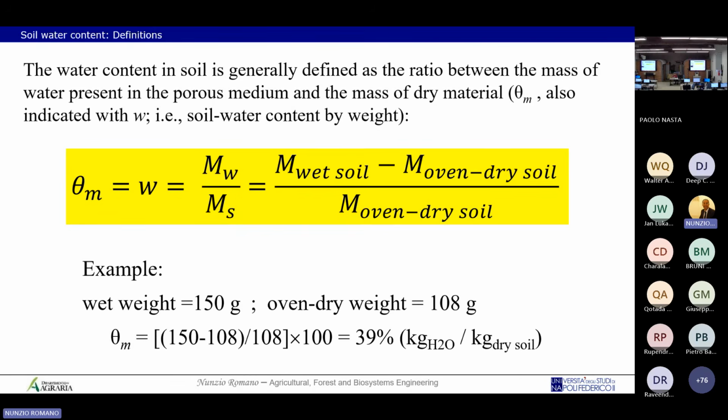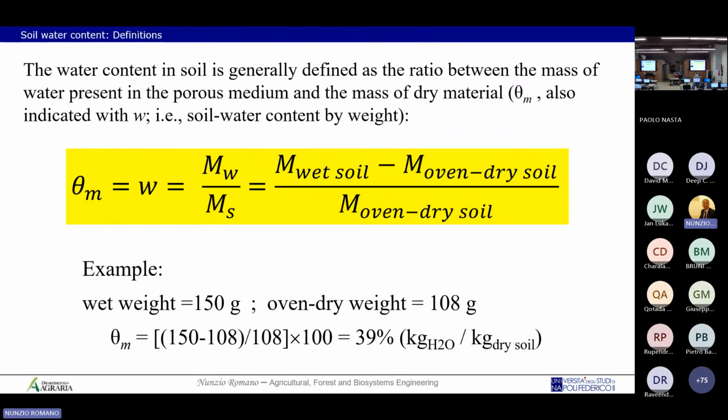If you weigh the soil sample, a wet weight of 150 grams, and then you put it in the oven, and the balance says 108 grams oven dry weight, then it is relatively easy to make the computation, and we have a gravimetric water content of about 39%, 0.39 or 39%.